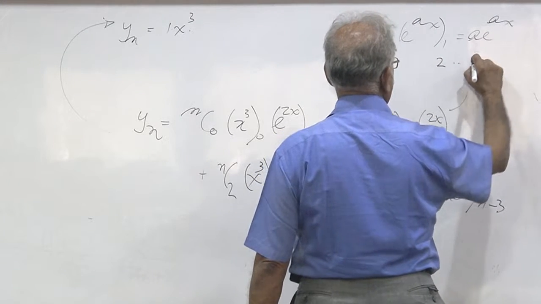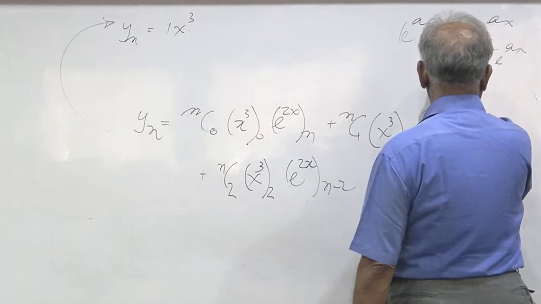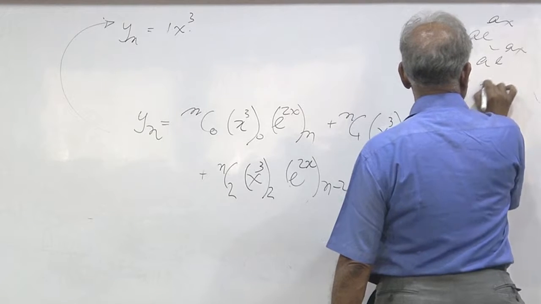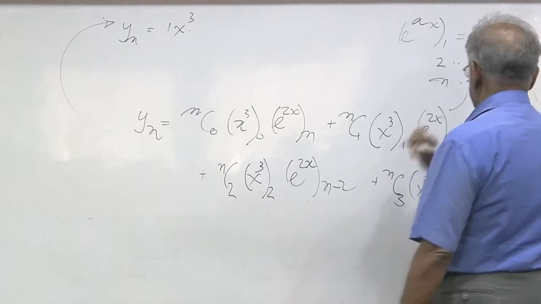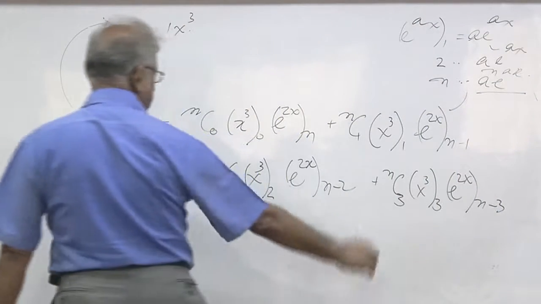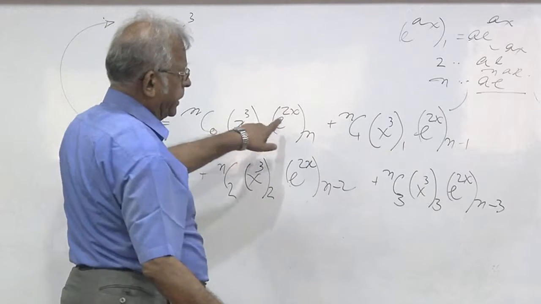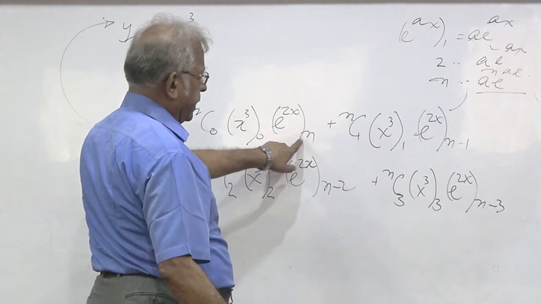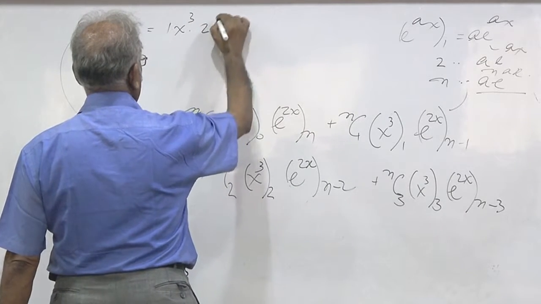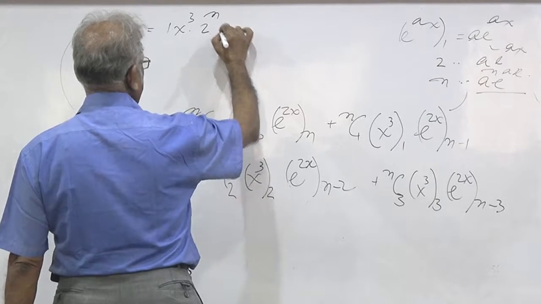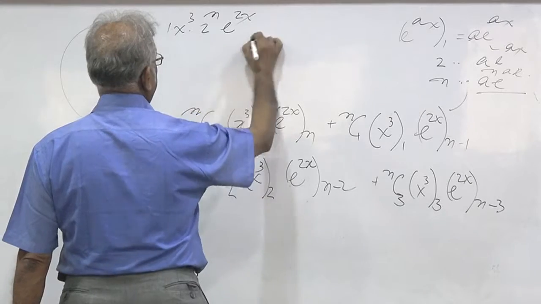Second derivative, a squared e to the power of ax. So if we do n derivations, we will get a to the power of n e to the power of ax. That's it. So when we have e to the power of 2x derived n times, we will have 2 to the power of n and e to the power of 2x. So that we write 2 to the power of n, a to the power of n and e to the power of ax.